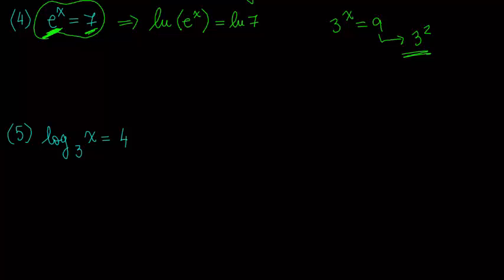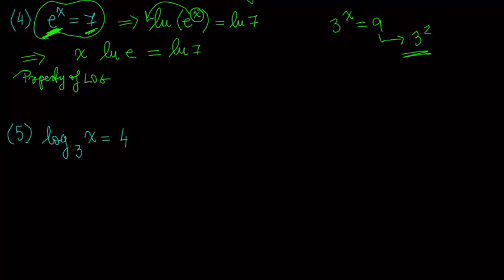Now, why was this useful? It was useful because now at this stage I can use the property of the logarithmic function, namely I can pull the power of x in front of the log and get x multiplied by ln of e equals the right-hand side ln of 7. And now I'm done.